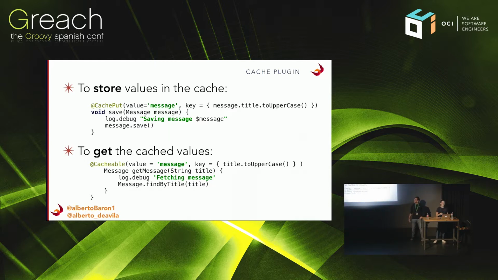And then when this method is called, a new entry is created inside the cache. So how can we get the cached values? We can use the cacheable annotation specifying the same parameters, the name of the cache and the key to retrieve the value.